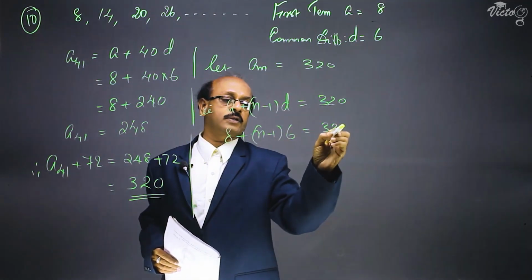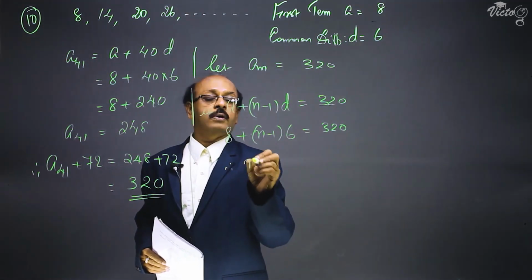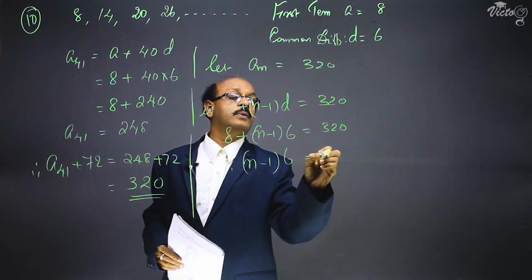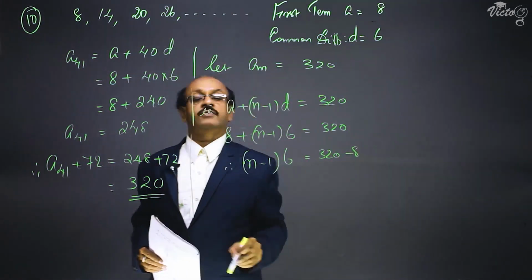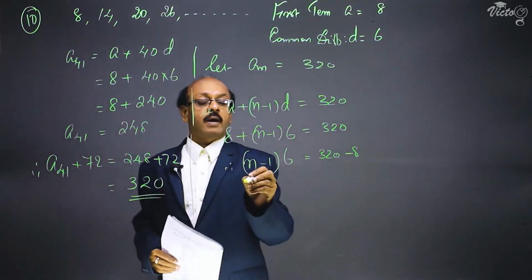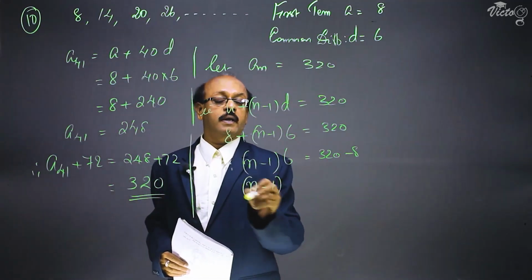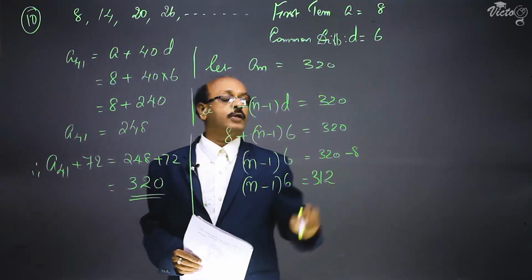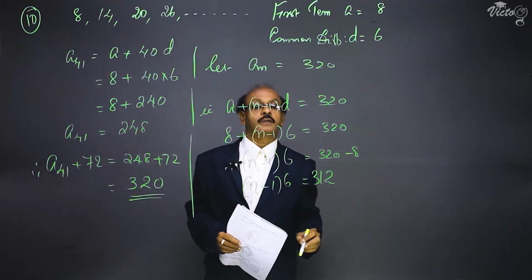Therefore, n minus 1 into 6 is equal to 320 minus 8. We are taking 8 to the right side, it is minus 8. n minus 1 into 6 is equal to 312. 320 minus 8 is equal to 312.